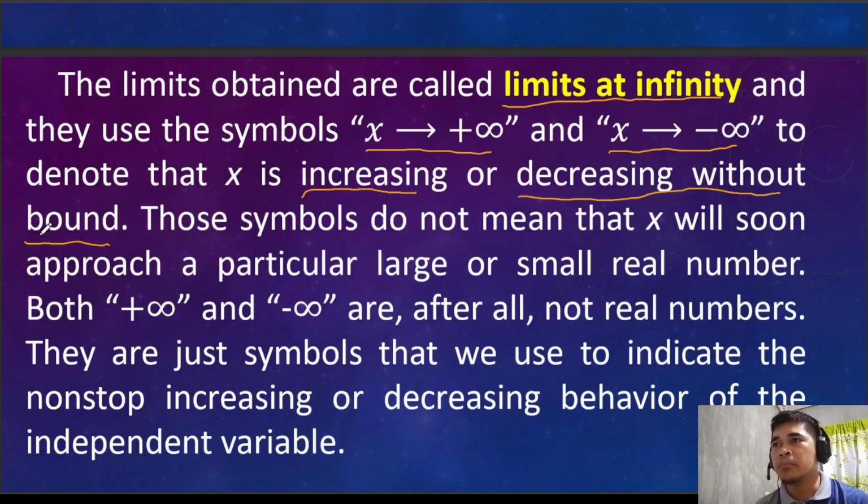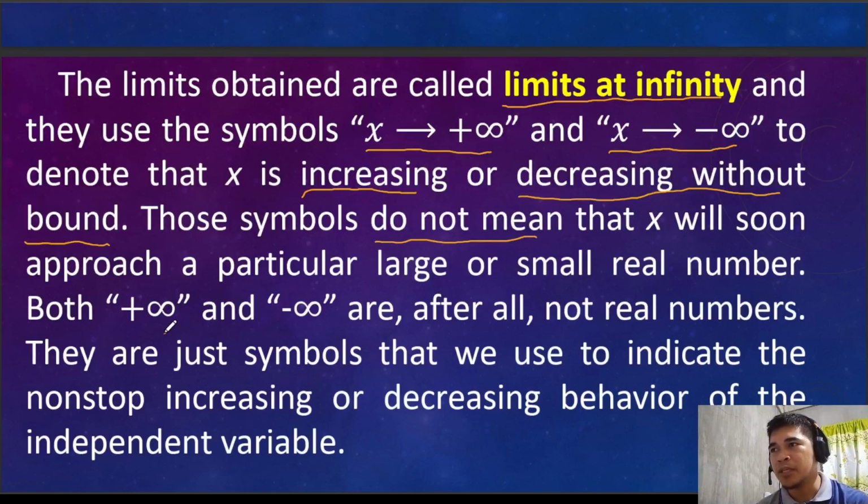So those symbols do not mean that x will soon approach a particular large or small real number. So wala siya nag-mean nga pohon moabot ang x sa usa ka particular nga dako or gamay nga real number.